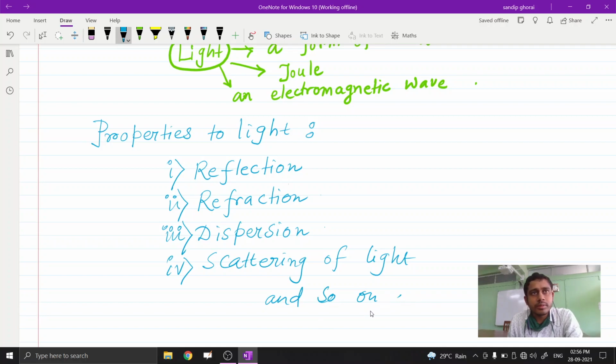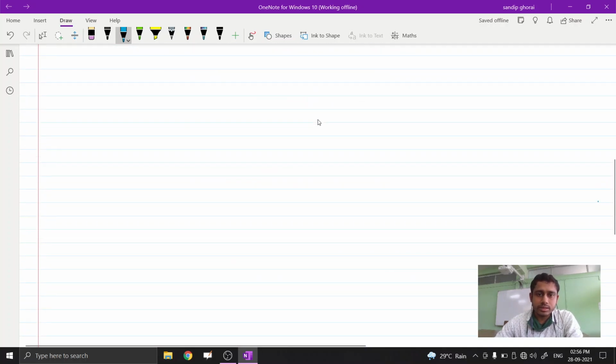Now, in this chapter, we have to know what spherical mirrors are, so we discuss different types of spherical mirror and the terms related to them.